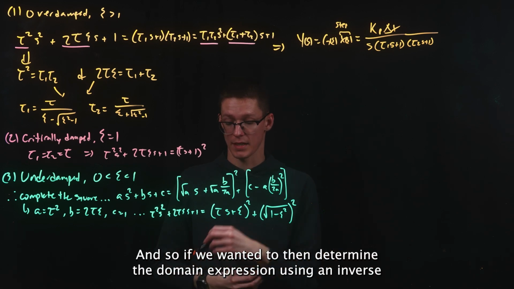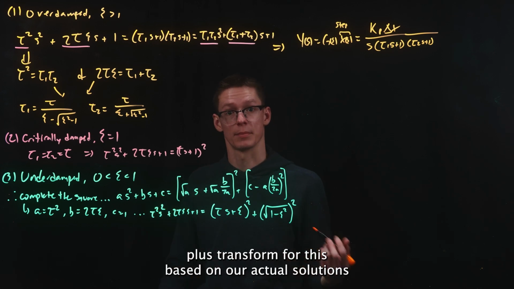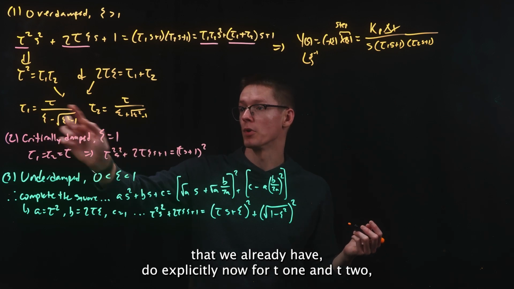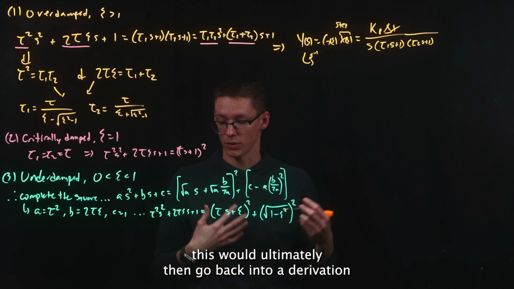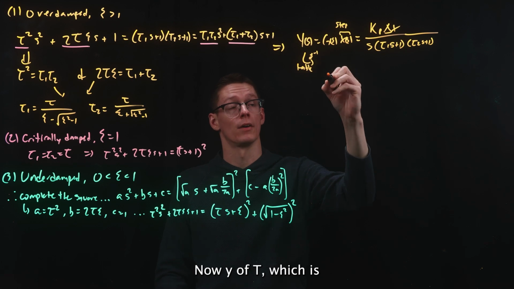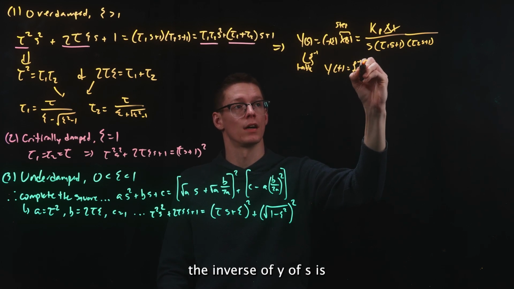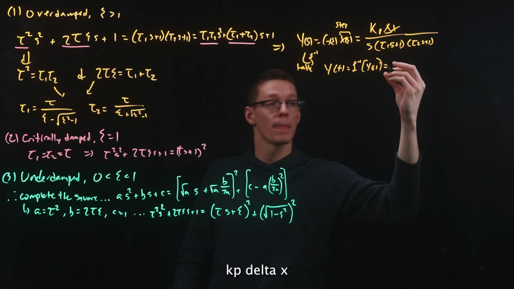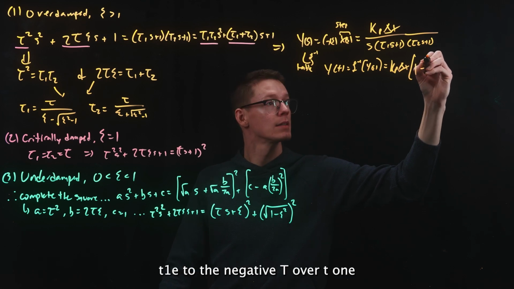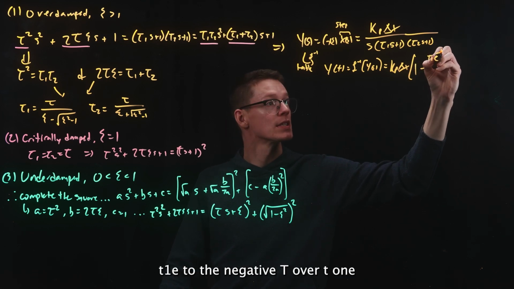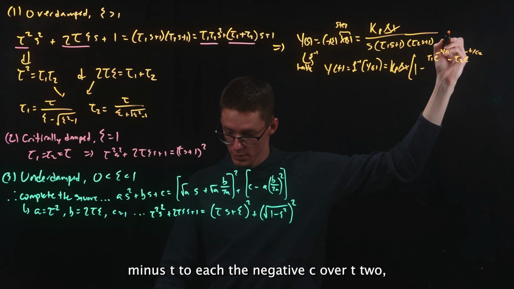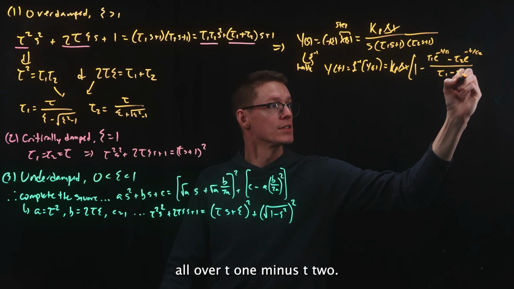And so if we wanted to then determine the time domain expression using an inverse Laplace transform for this, based on our actual solutions that we already have explicitly now for t1 and t2, this would ultimately then go back into a derivation that would solve for, using the table directly, now y of t, which is the inverse of Y of s, is Kp delta X times 1 minus (t1 e to the negative t over t1 minus t2 e to the negative t over t2) all over (t1 minus t2).